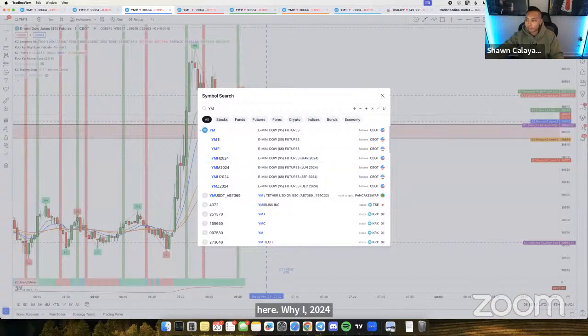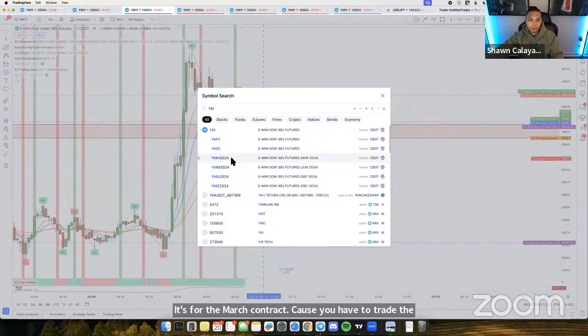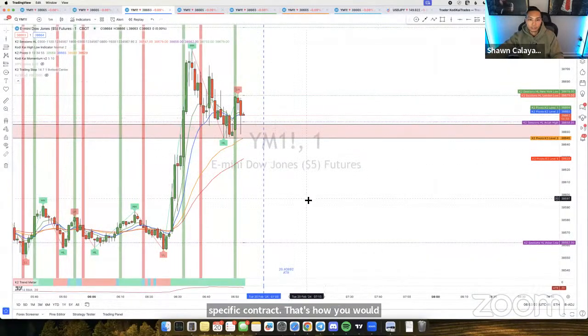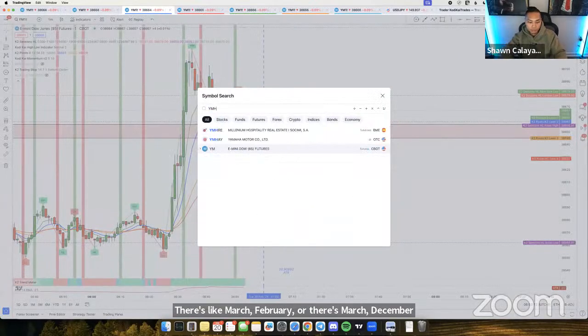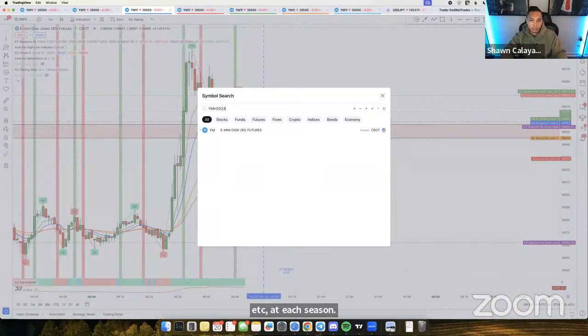It's for the March contract because you have to trade the specific contract. That's how you would trade directly on it, because there's different contracts per cycle. There's like March, December, etc. Like each season. And if you go to YMH 2024, it should let you trade on there.